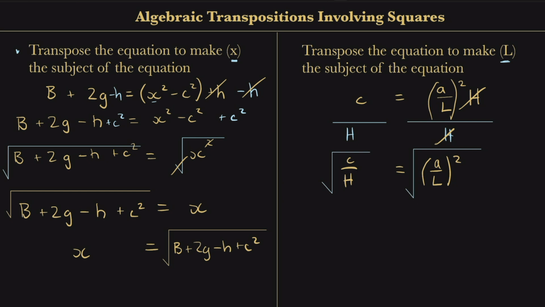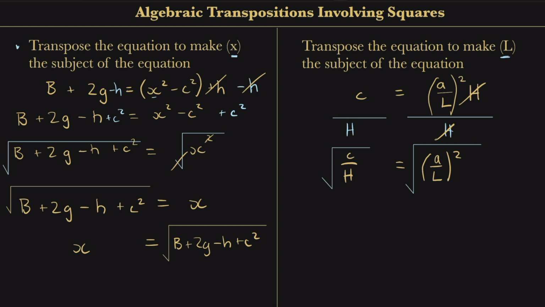So this side's going to be written exactly the same. Square root of c over h is equal to, now square root and our squared will cancel each other out, so we're just going to have a over L now.